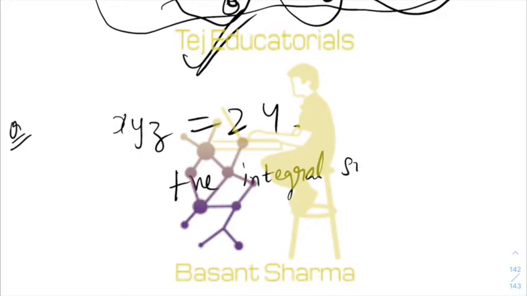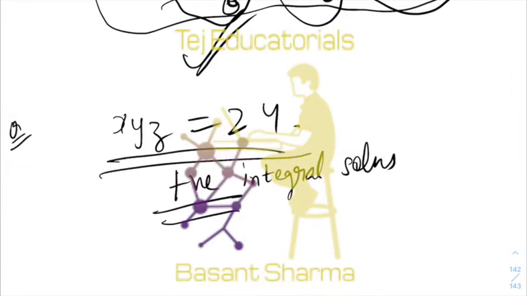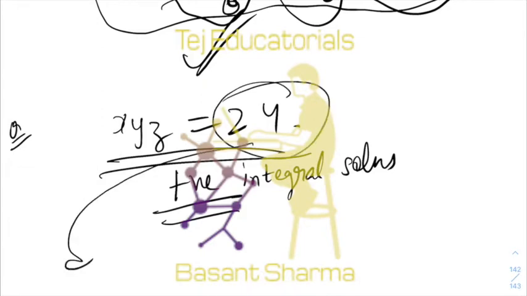Positive, not non-negative. That is, positive integral solutions of xyz equal to 24. Okay, so how to do this? Basically, in these types of questions, what you do is you write the prime factorization of these.